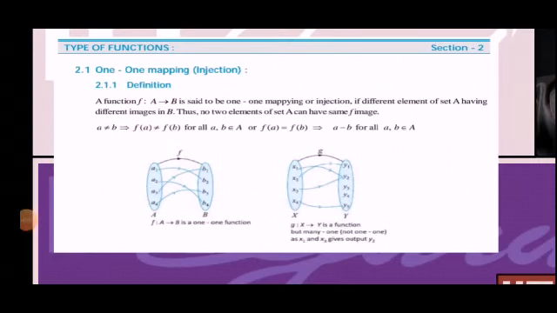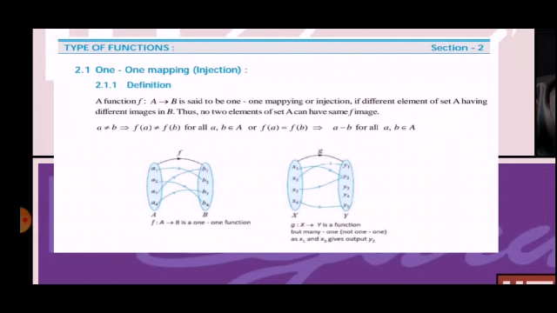In this section, we will discuss one-one function and many-one function and also the difference between them. So let's start with one-one function and its definition. A function f such that A maps to B is said to be a 1-1 mapping or injection if different elements of set A have different images in B. Thus, no two elements of the set A can have the same f image.